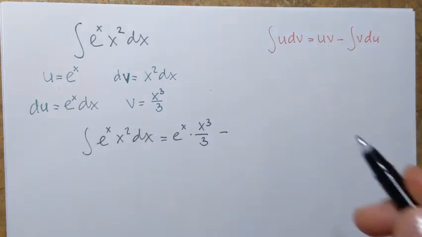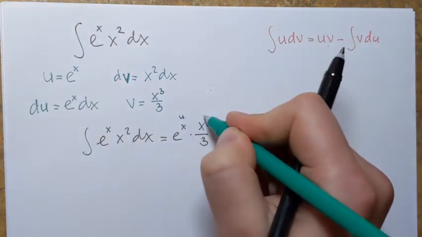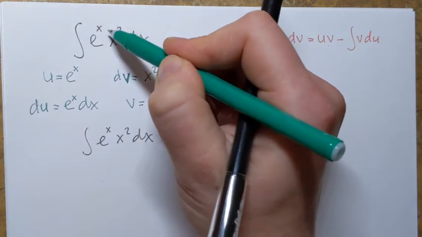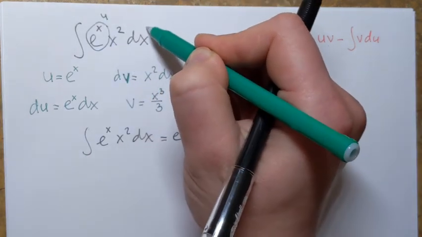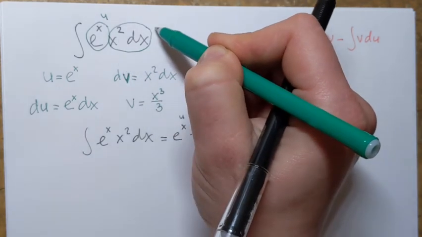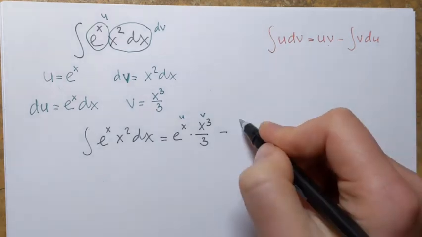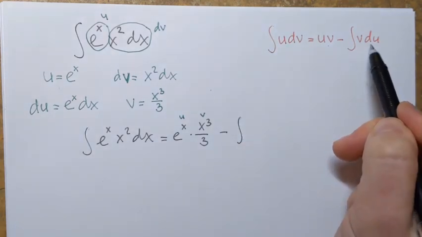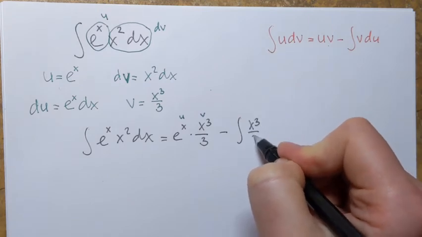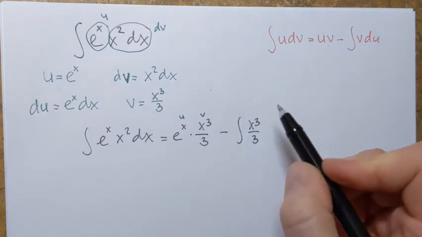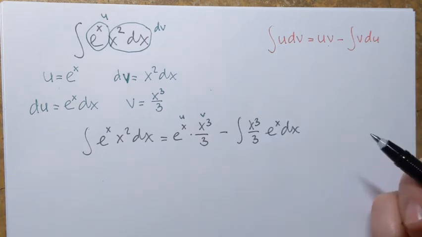Minus, so maybe I'll make notes here, so that's u and that's v, and that part was dv. And then minus integral v du. v is x cubed over 3, and du is e to the power x dx, like that.